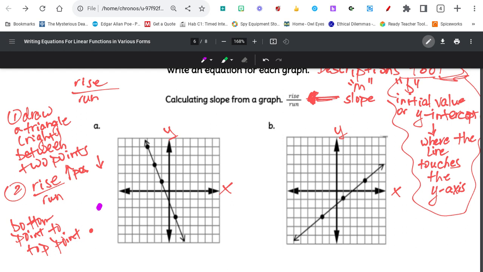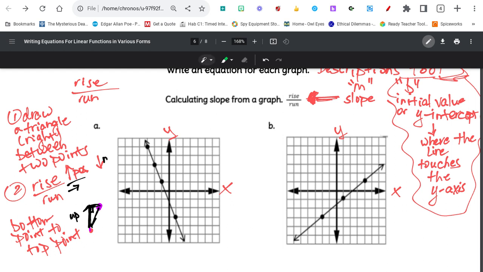So we rise up, draw a triangle. Let me do this in black. Rising up will give us a positive slope. And that's my triangle right there, guys. And then your run, if you rise up, it'd be positive. If you go down, it would be negative.